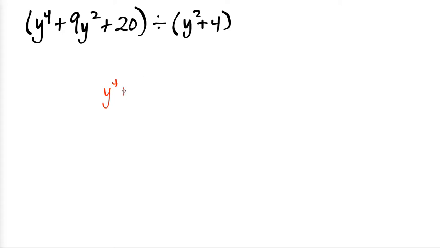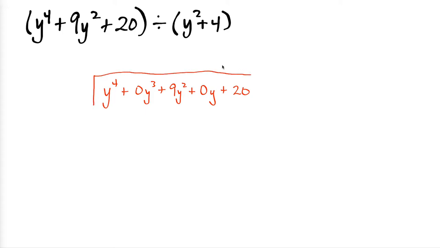So y to the fourth plus 0y cubed, plus 9y squared, plus 0y, plus 20. Well, clearly I went to just the most difficult thing we're going to get. It's okay. We're smart. Y squared plus 0y plus 4.